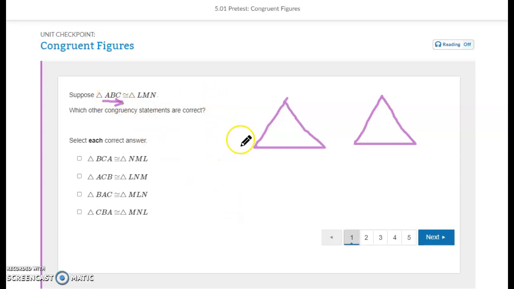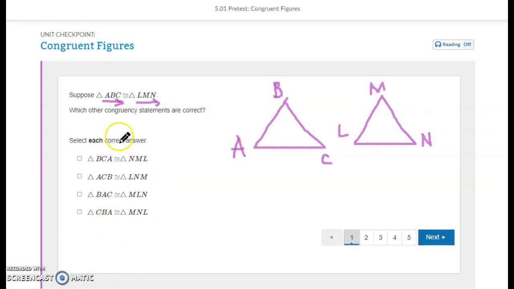If this goes from A to B to C, you can label the first triangle however you want. I'm going clockwise from left to right, and then I label the second triangle in the same way, LMN. This is helpful when they don't give you a diagram.